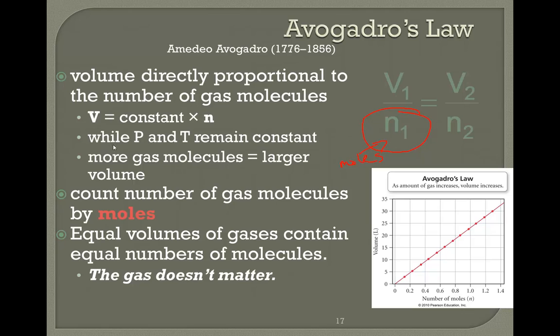More gas molecules means there's going to be more volume. We count the number of gas molecules by the moles, which is what the N is, and equal volumes of gases contain equal numbers of molecules. The actual gas doesn't matter.